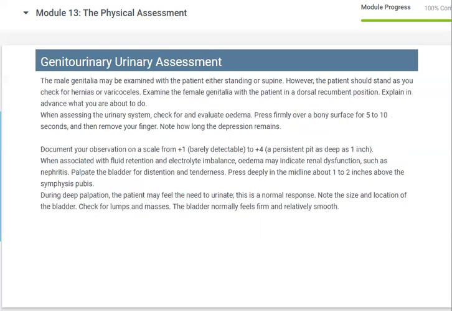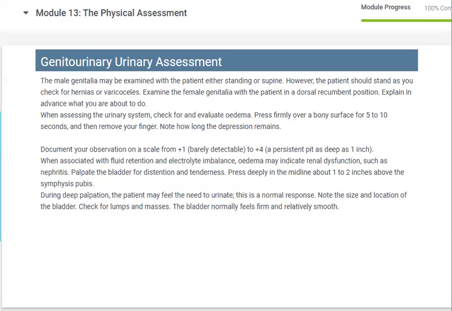Genitourinary assessment. The male genitalia may be examined with the patient either standing or supine. However, the patient should stand as you check for hernias or varicoceles. Examine the female genitalia with the patient in a dorsal recumbent position. Explain in advance what you are about to do.